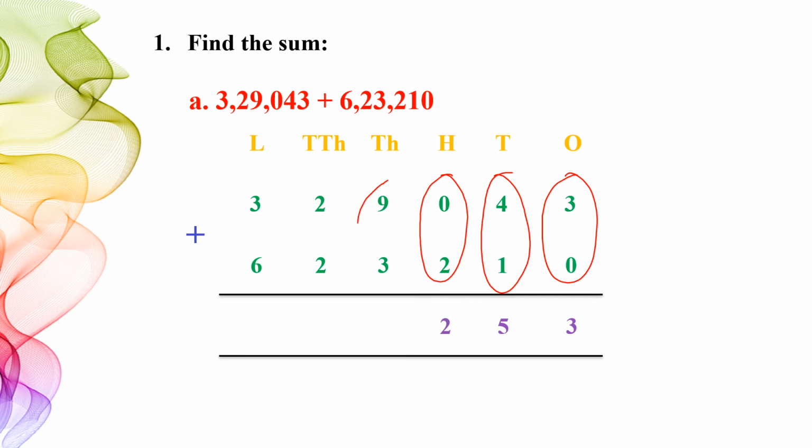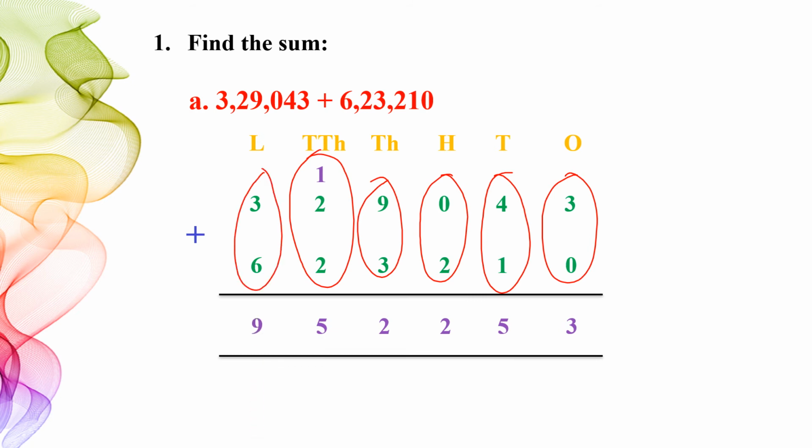And in thousand period we have 9 and 3. So 9 plus 3 which is equal to 12. So write the 2 in the thousands period and 1 in 10,000 period. So the next 10,000 period we have 1 plus 2 plus 2. Therefore we get 5. In the lakh period we have 9.